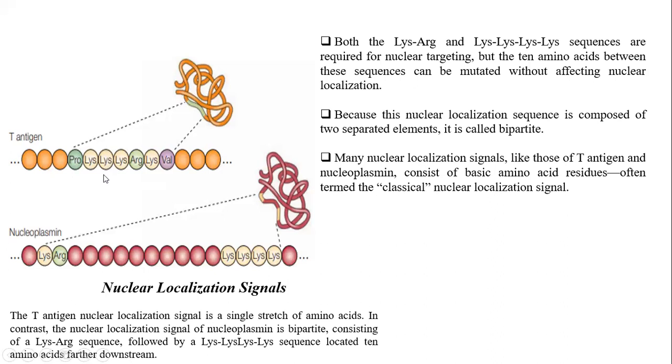So mainly in the case of T antigen it is proline, lysine, arginine, lysine, valine। In the case of the nucleoplasm, lysine, arginine and lysine। So overall what we have seen is that the NLS is your basic, it is positively charged, correct? Able to follow?